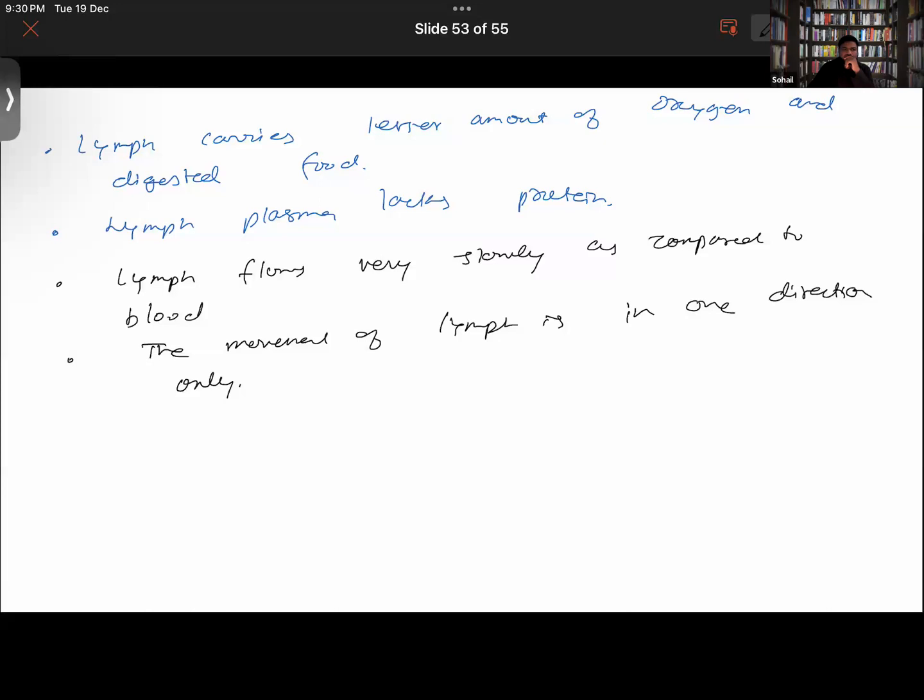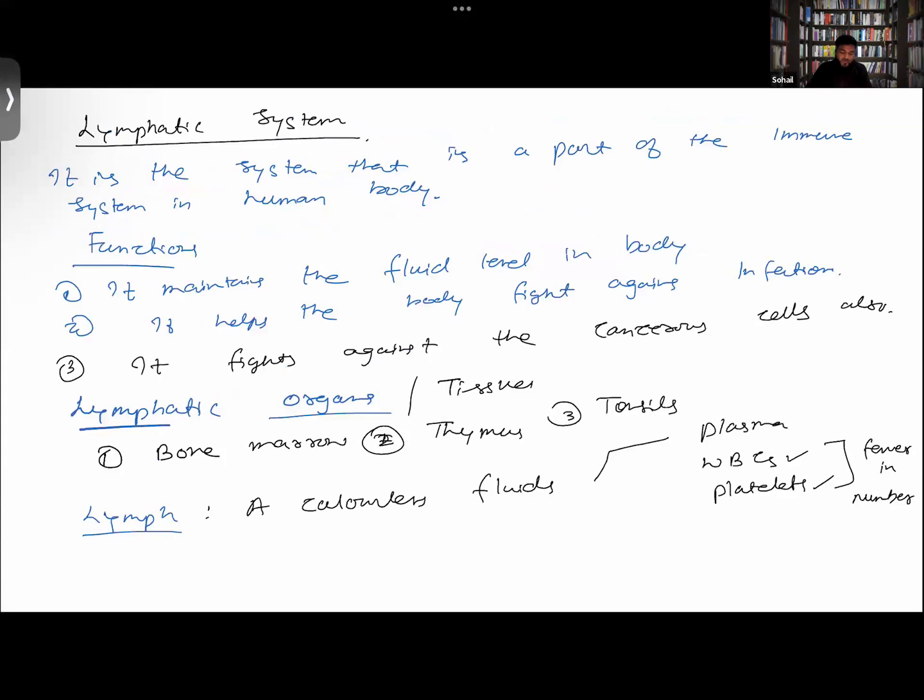Lymph flows very slowly compared to blood, and the movement of lymph is only in one direction. Okay, those were the points about the lymph. The main function involves maintaining the fluid level in the body. Exactly. Maintaining the fluid level in the body and then fighting off infections.